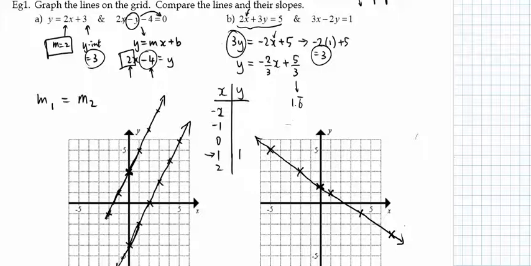Using the same concept, I can come up with the slope for the second equation. With 3x minus 2y equals 1, I can rearrange the terms, single out the y, and divide by the negative 2 on the other side.